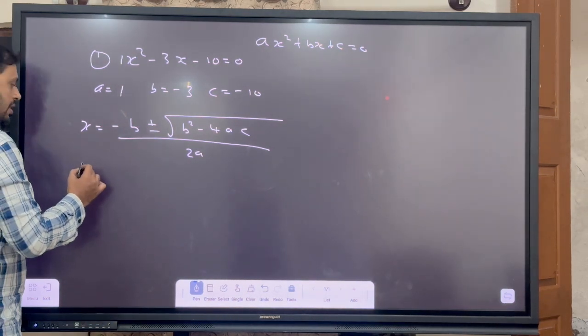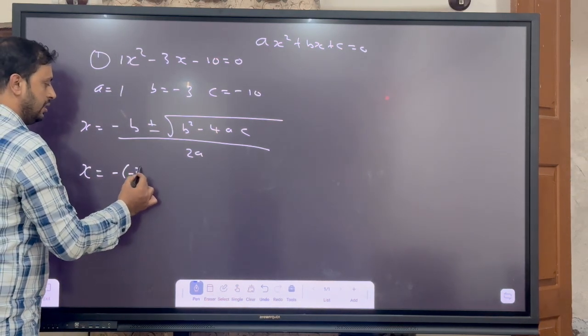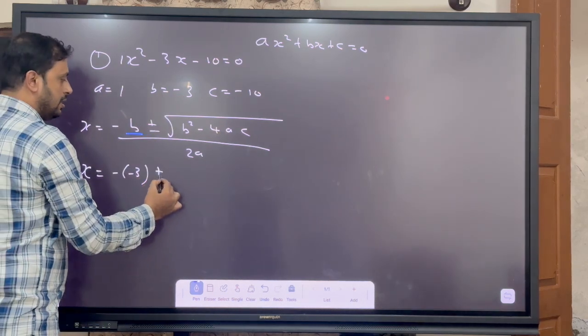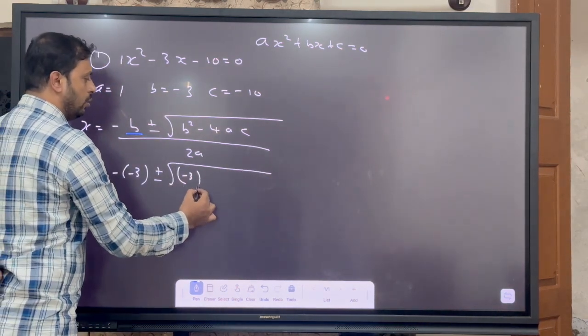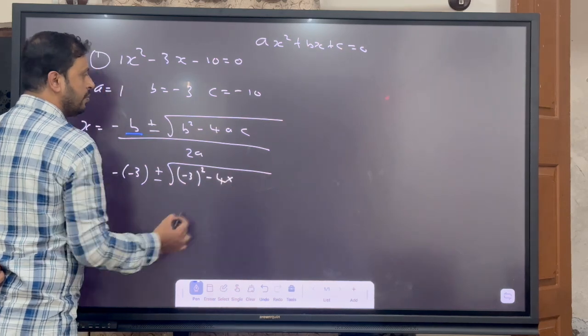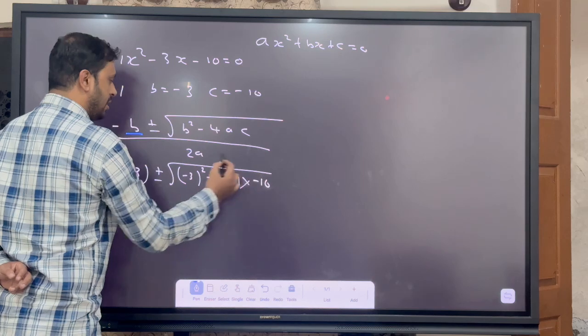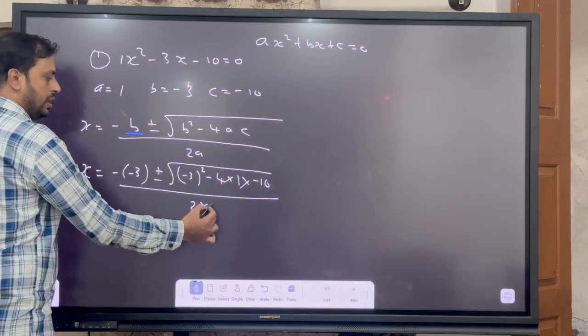Third is substitution. x is equal to minus of minus 3. In the place of b, I am writing minus 3, plus or minus, b square is minus 3 whole square, minus 4 into a, which is 1, c is minus 10, divided by 2 into a, which is 1.